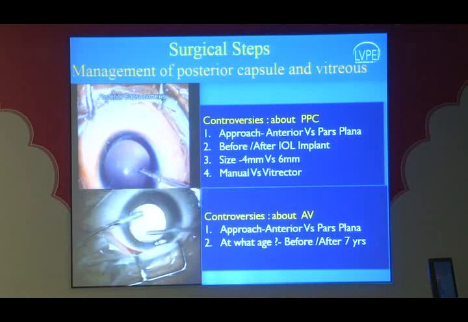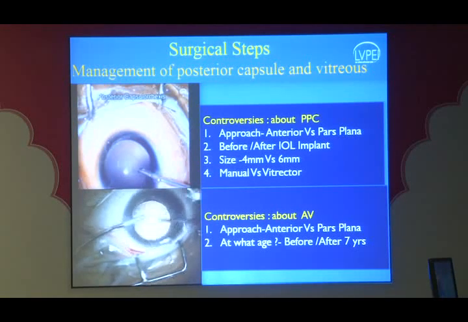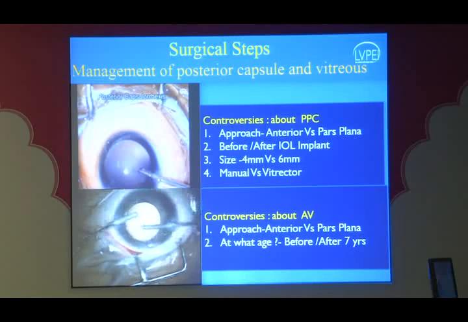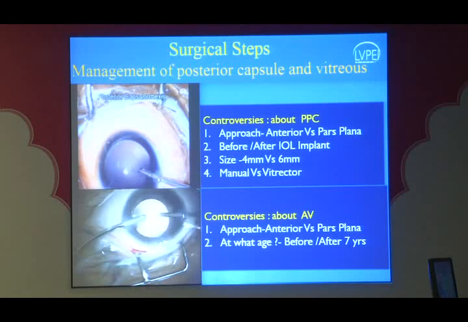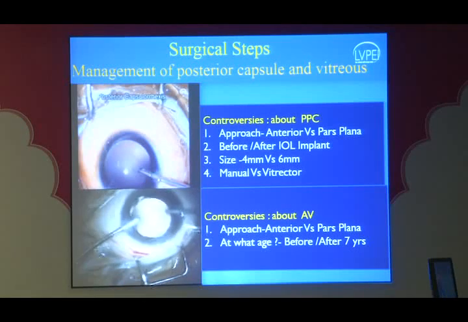As far as the anterior vitrectomy is concerned, again, whether it should be anterior or pars plana, and at what age, before or after 7 years. The literature evidence says that in less than 7 years, we should all the time attempt the anterior vitrectomy, and beyond that, you can skip this step.